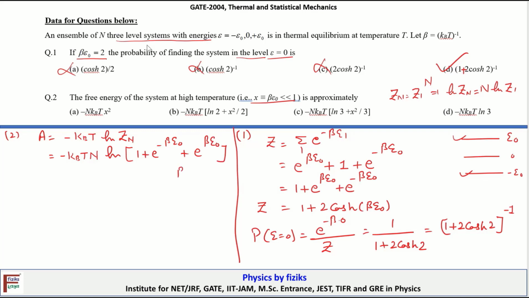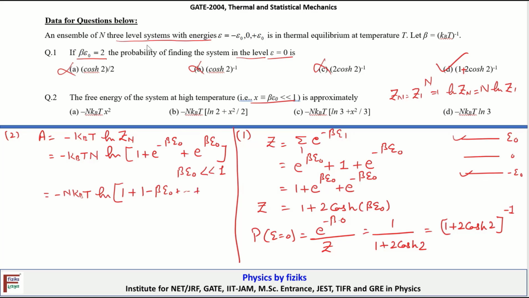Now we have to apply the condition that beta E0 is much smaller than unity. So that means I can write this as minus n kBT ln of 1 plus 1 minus beta E0, neglecting higher order terms, because beta E0 is smaller than unity, so higher order terms will be even smaller than that value.